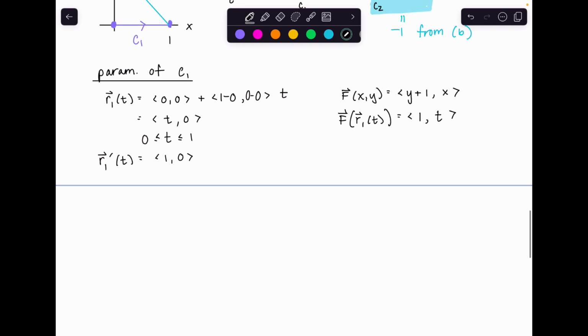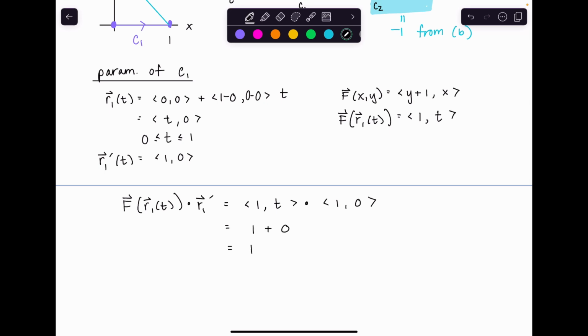Again, I'm going to take the dot product of these two so I don't have as much going on. We dot product this with r1 prime. That gives me 1, t dot product with 1, 0. And luckily this is really nice. This is just 1 plus 0. So this is a fantastic thing to go inside of our integral.